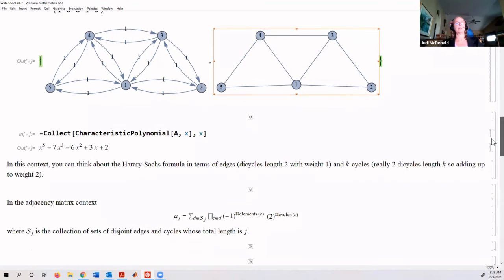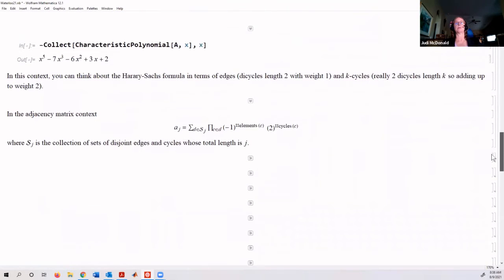So we can update our Harary-Sachs a little bit to just be, now as I'm looking at my cycles in my disjoint class D, I need the number of elements, so the number of disjoint cycles, and I said elements here because I have to count the edges and the cycles. The edges are going to just multiply our weights by 1, so we don't even have to worry about them.